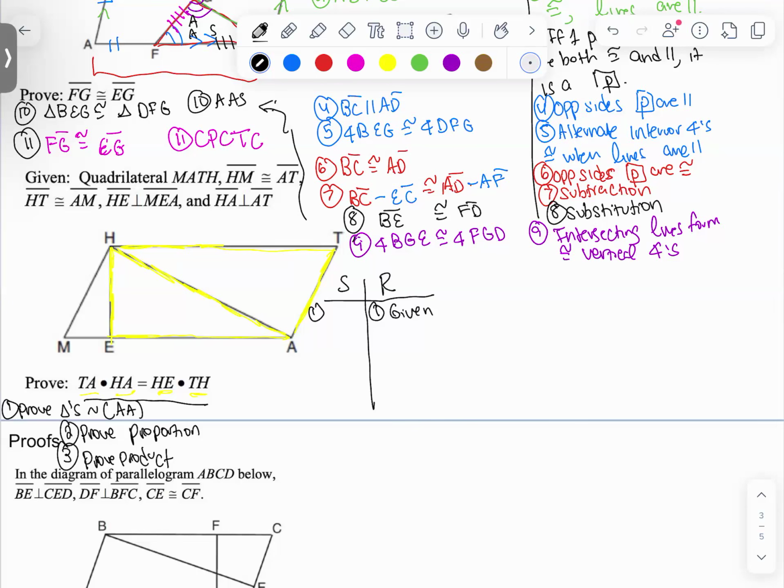So we're looking for angles. They tell us that HM is congruent to AT. And they tell us that HT is congruent to AM. So already, I know that we have a parallelogram.